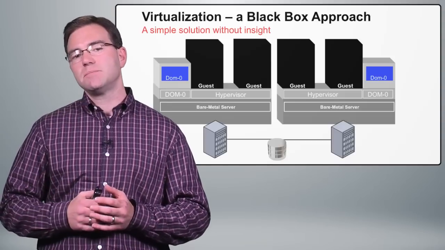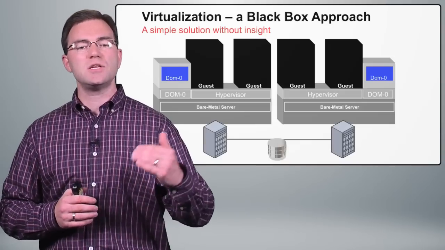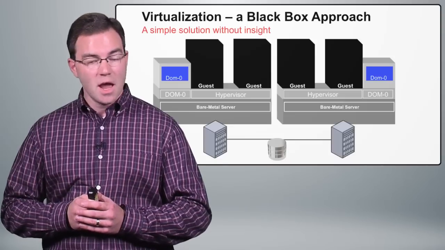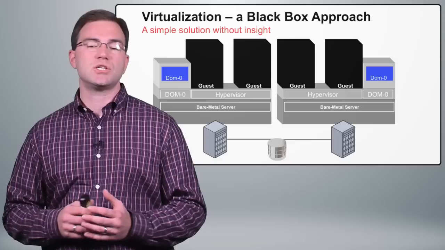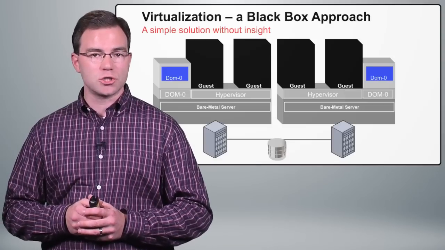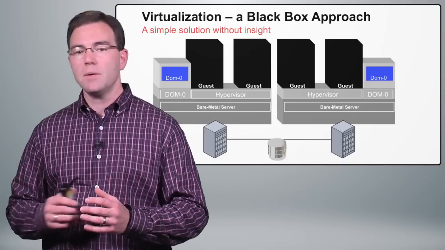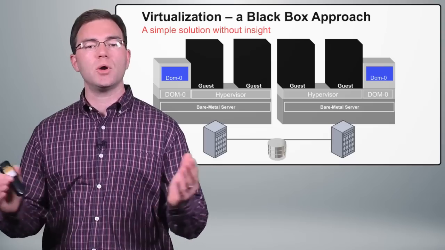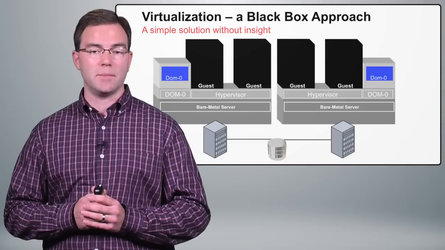So that said, here is a way of looking at virtualization maybe in a slightly different way than most of our customers would do it at first glance. And I'm not meaning it any negative when I say virtualization is basically a black box approach. What you have is two physical environments, you could have more, here symbolized by two bare metal servers on which you deploy a hypervisor just so you can host a virtual environment.